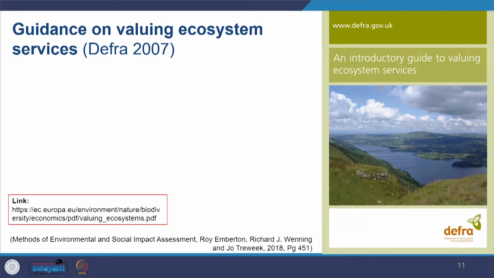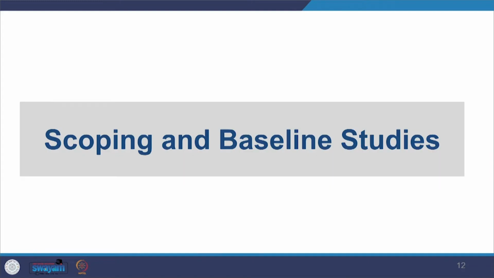In the UK, the Department for Environment, Food and Rural Affairs published useful introductory guidance on valuing ecosystem services, which explains the strengths and limitations of different economic valuation techniques and gives examples of their application in policy and decision making. Looking into the scoping and baseline study stage, we'll look at how to work out the entry point for scoping.